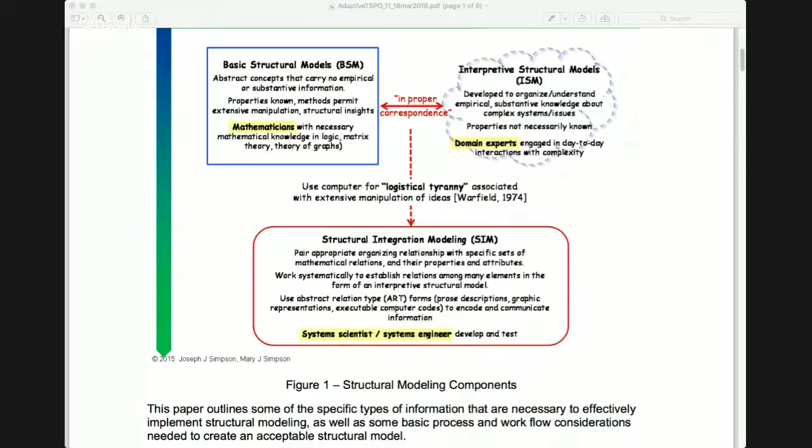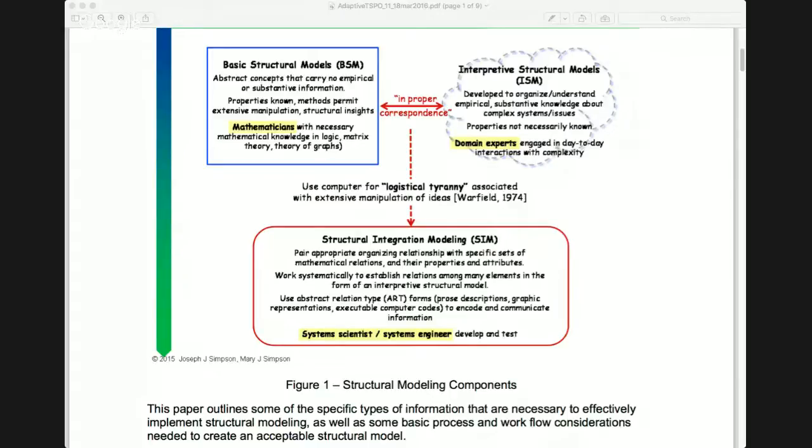So as you can see here, we have the basic structural modeling area, which is the area of mathematicians and mathematical knowledge. The interpretive structural modeling is essentially the area of the day-to-day social technical systems managers, people that manage large government and business and social systems.